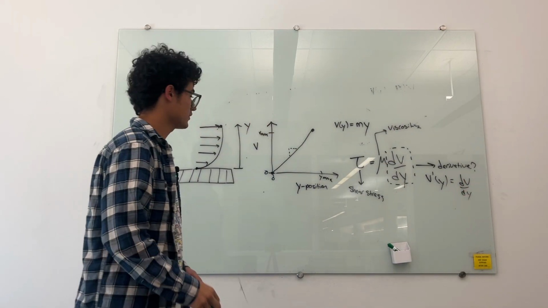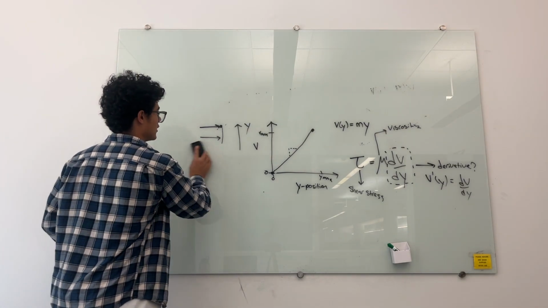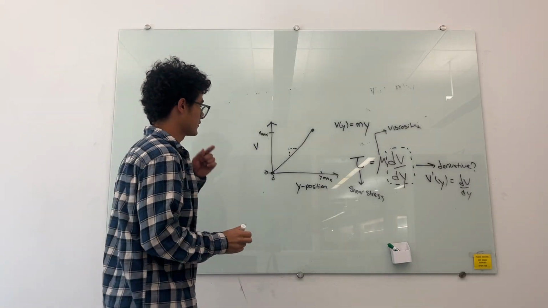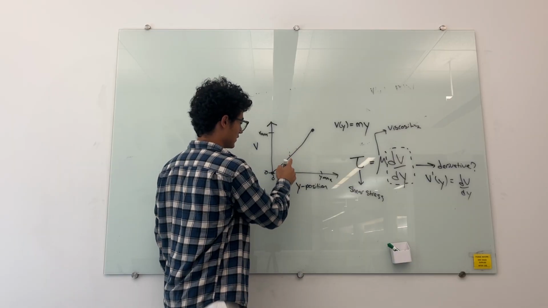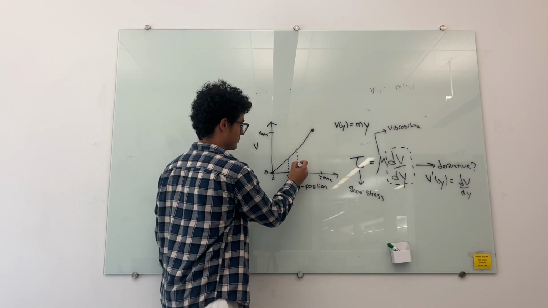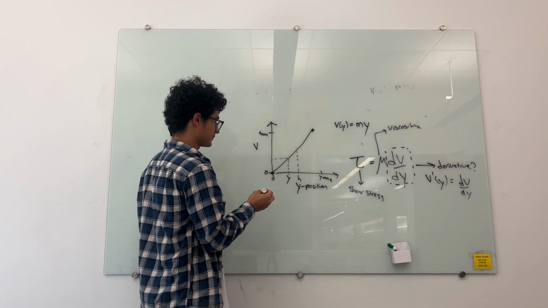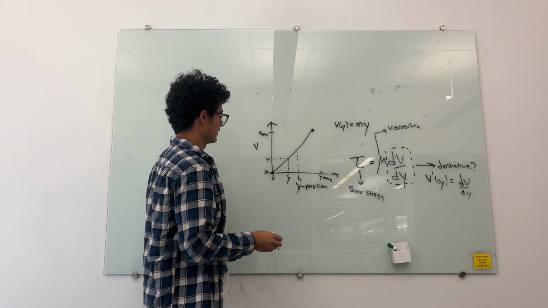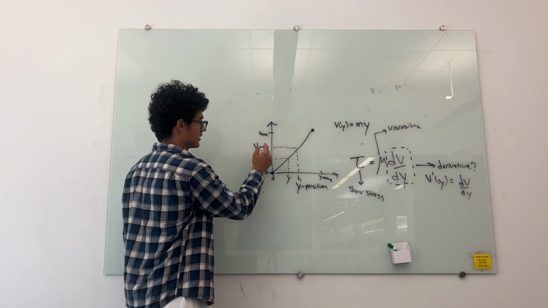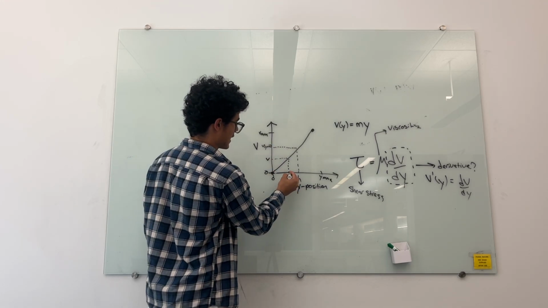So how do we calculate that? It's actually quite easy, and I think you've seen it before. So let's look at the limit definition of a derivative. Let's say we're at some point y here, and we're at some point h here. At this point y, we get some velocity v, and at the point here, at point h, we get a velocity of y plus h, because we're just adding this to this.